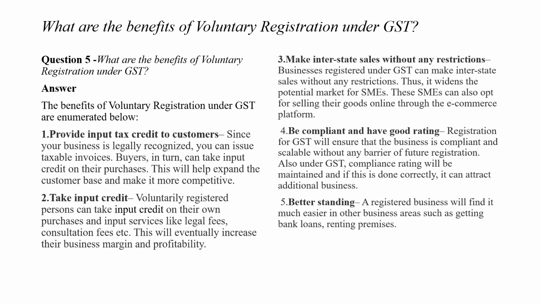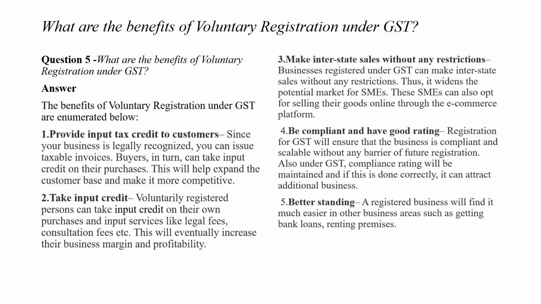Second very important point, take input credit. A voluntarily registered person can take input credit on their purchases and input services like legal fees, consultation fees, etc. This will eventually increase their business margin and profitability. Third, make interstate sales without any restrictions.